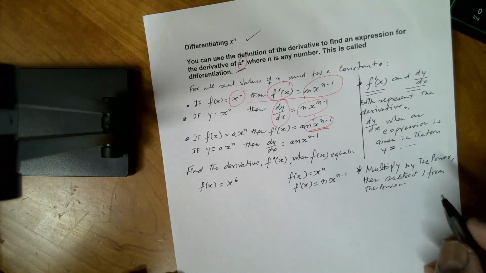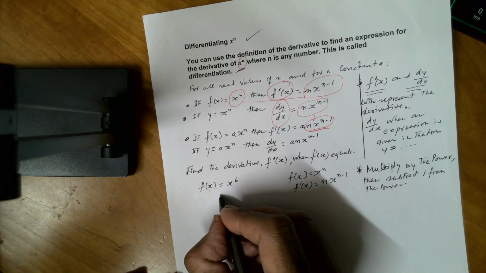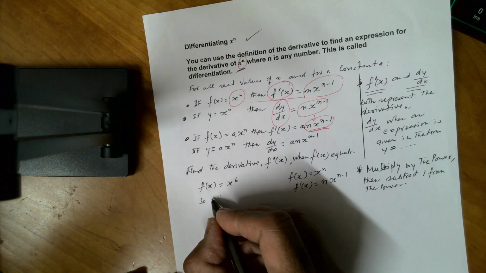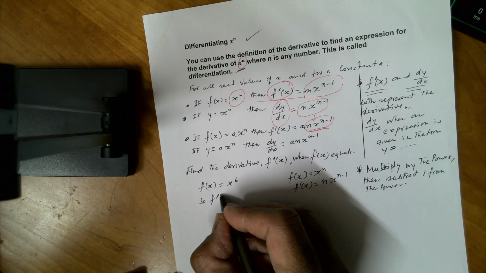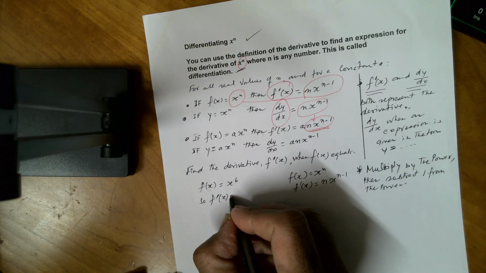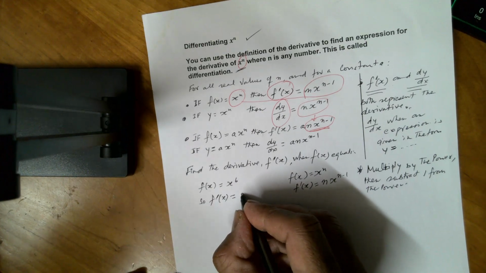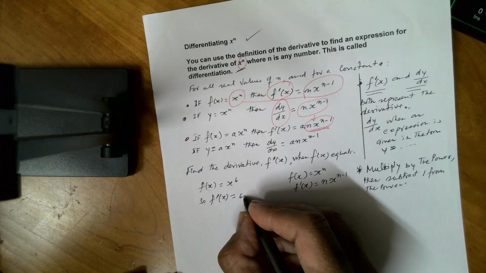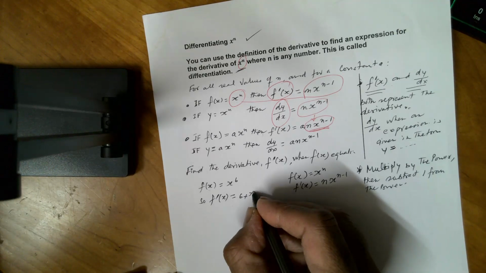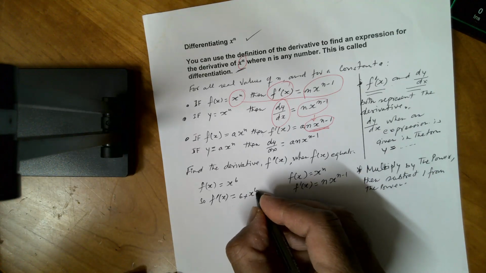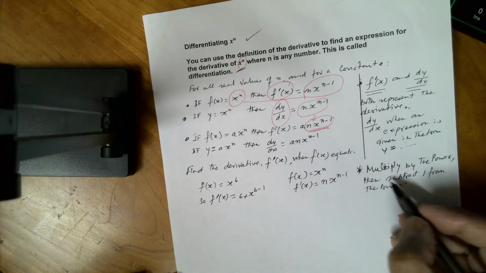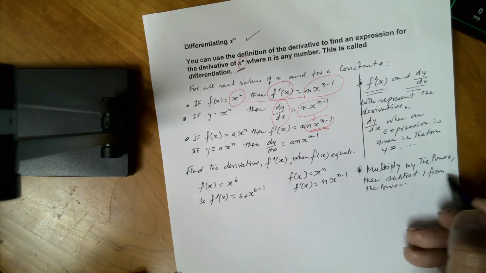Pretty simple. So what we would write here, your first derivative, would be 6, let's multiply, you got x here, and 6 minus 1. Multiply by the power, then subtract 1 from the power.